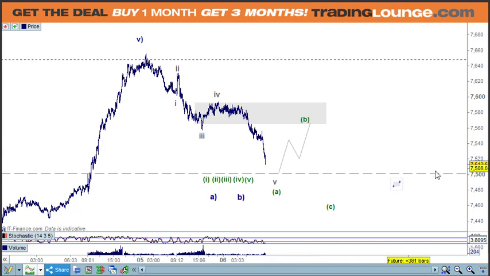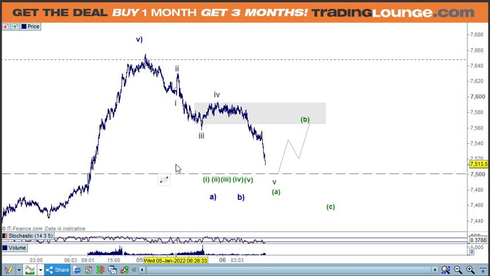But we should see some sort of bounce off this point and then move down. The takeaway here is that this is impulsive coming down, so we will be coming down further in all of this for the banks and for the ASX here.